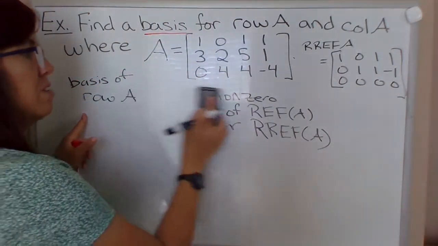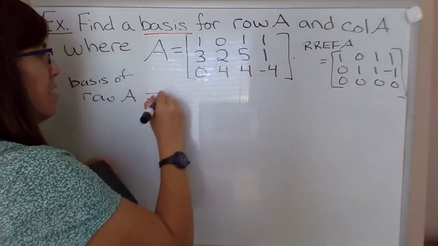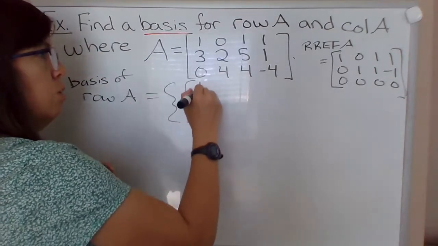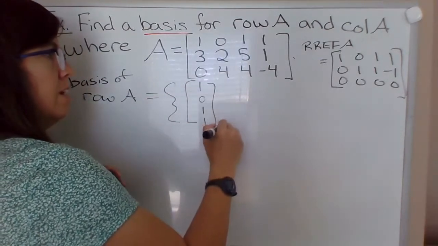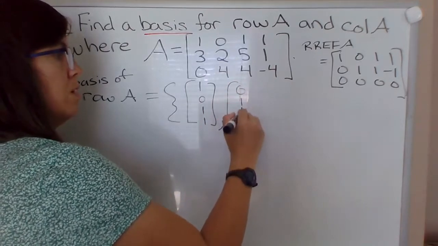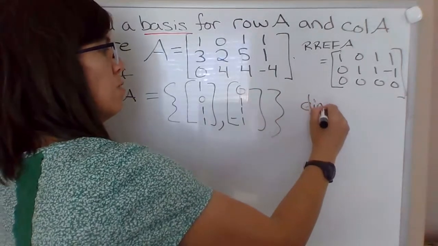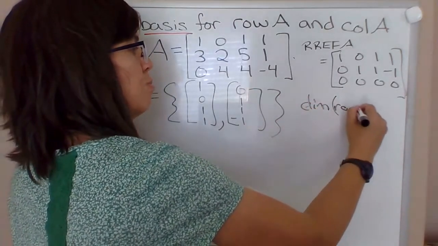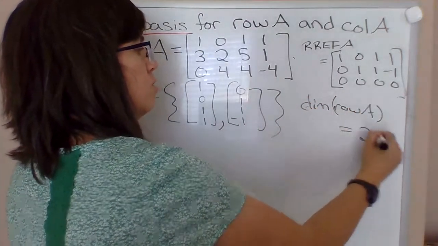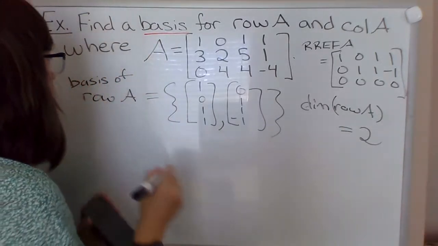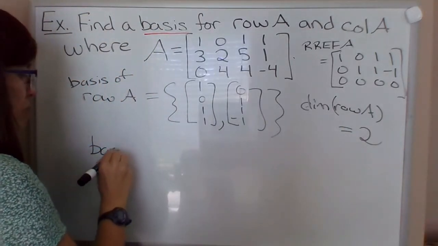Okay, so our basis for the row space of A in this case is the collection 1, 0, 1, 1 and 0, 1, 1, negative 1. There you go. And the dimension, while we're at it, of the row space of A is 2, because we have 2 vectors there. Now, what about a basis for the column space of A?